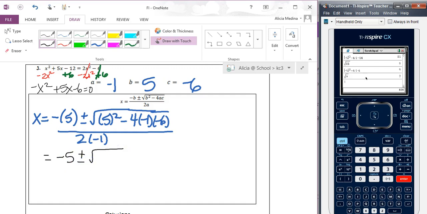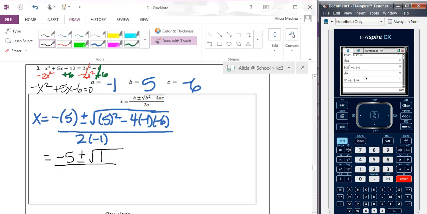Again, I'm going to check this over here on my calculator. So I'm going to do parentheses 5 squared minus 4 times a negative 1 times a negative 6. So make sure too that when you use a negative sign, you use the negative that's underneath 3. And all of that simplifies to 1.